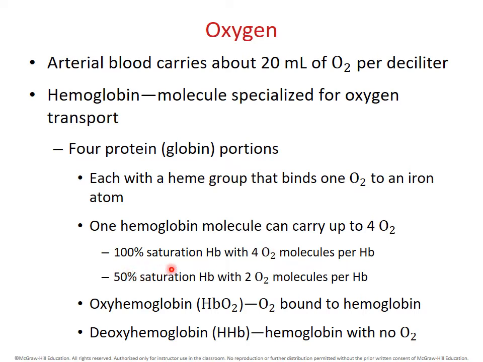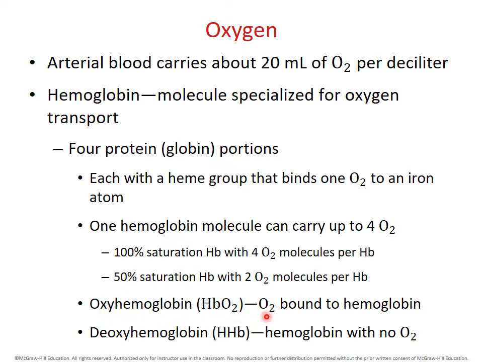If it's carrying 3 oxygen molecules, then the hemoglobin molecule is said to be 75% saturated. Of course, if it has only 2, that's half of its capacity. It's 50% saturated, and so on. So hemoglobin can exist in various states of saturation.